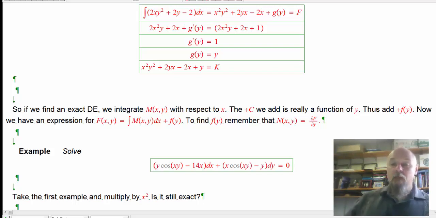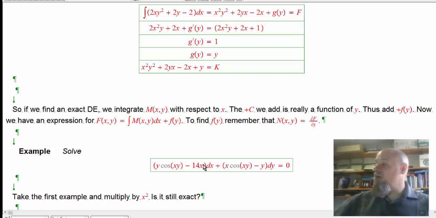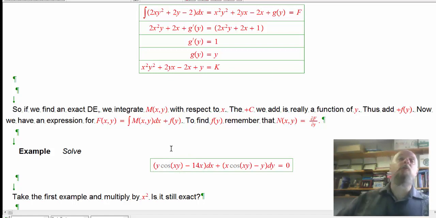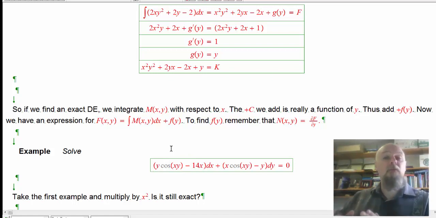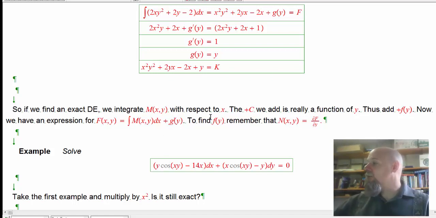What's the procedure? Well, first you take the bracket that's been differentiated with respect to x, and you integrate it with respect to x. And of course, if you integrate, you go plus c, a constant, but that constant isn't just constants in it. It's a constant with respect to x. There could be y's in it. So we integrate and we have a g of y there.